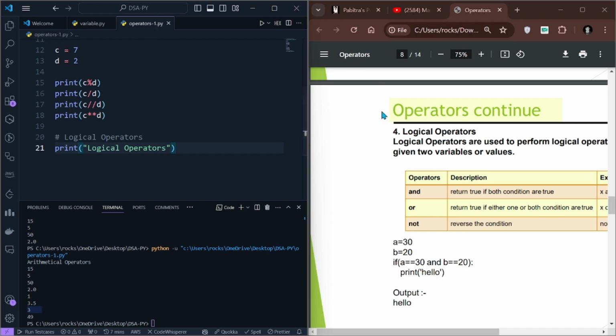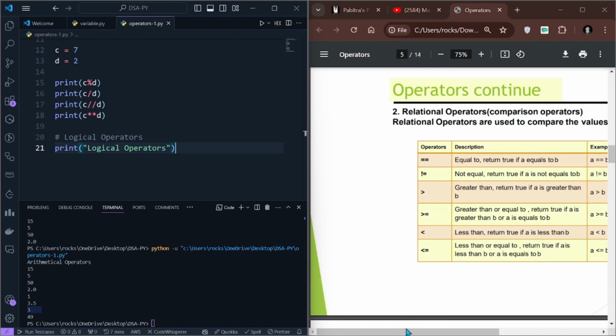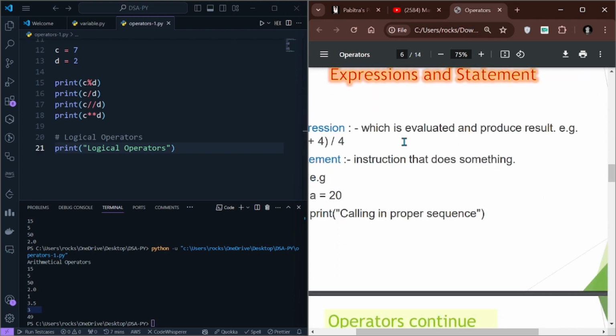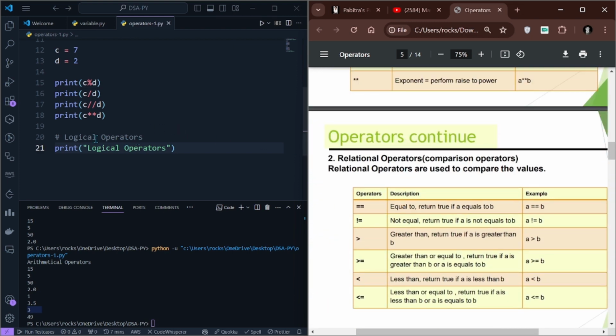Let me split my screen, and here you can see that we have these 6. We are talking about logical operators right now. No, we'll talk about relational operators first.